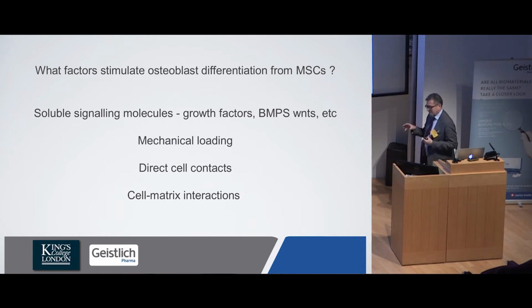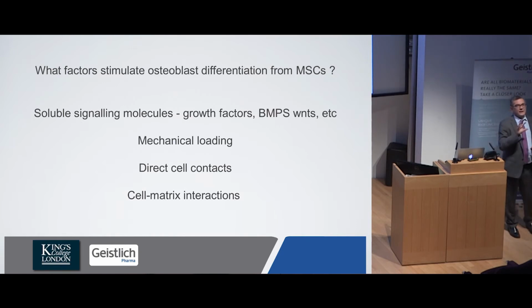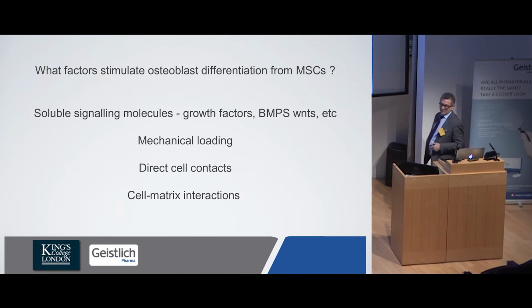So you put a cell on a matrix, which can be anything, it could be titanium, it could be collagen, whatever, then it will be getting signals from that, which may regulate its behavior by changing the gene expression. And you won't be surprised to hear that I'm going to talk a bit more about that.